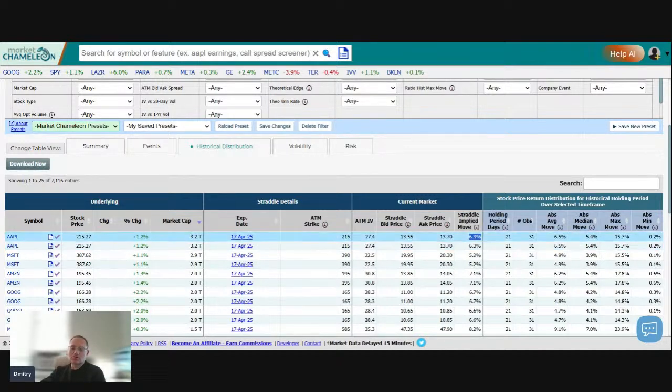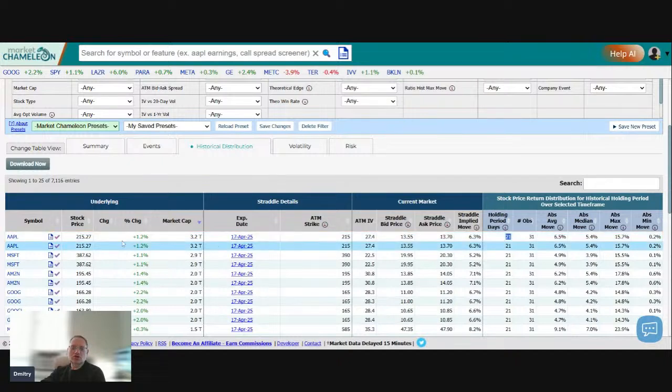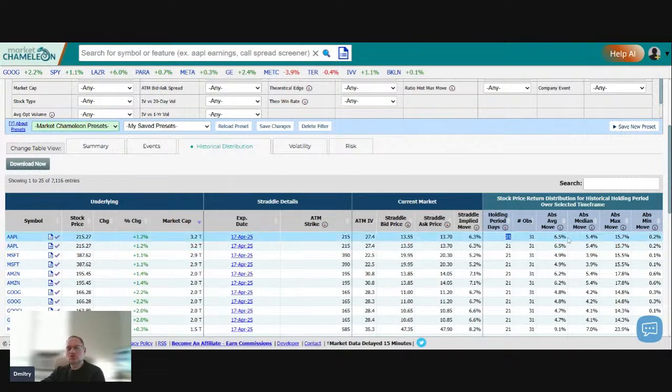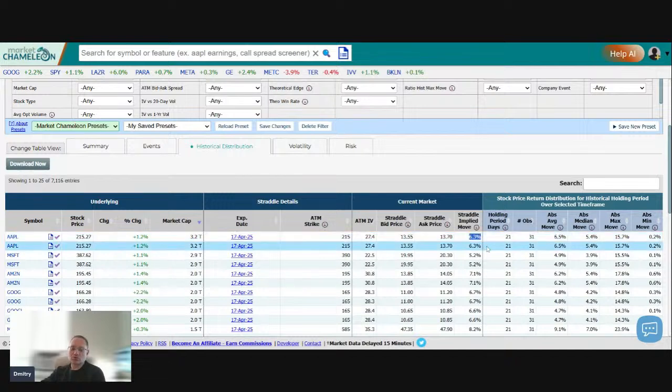So for this particular straddle, there are 21 trading days until it expires. Historically, the stock on average moved 6.5% in either direction over a 21-day period. So now we can compare it to the 6.3%.